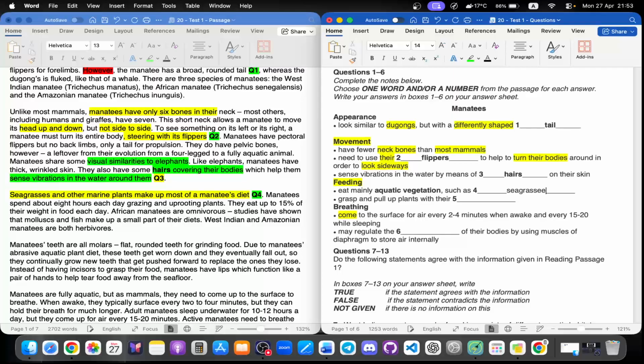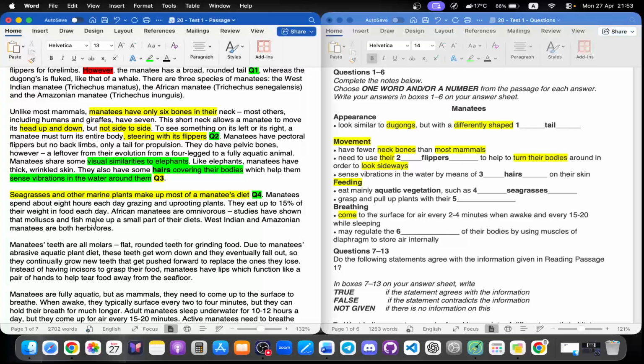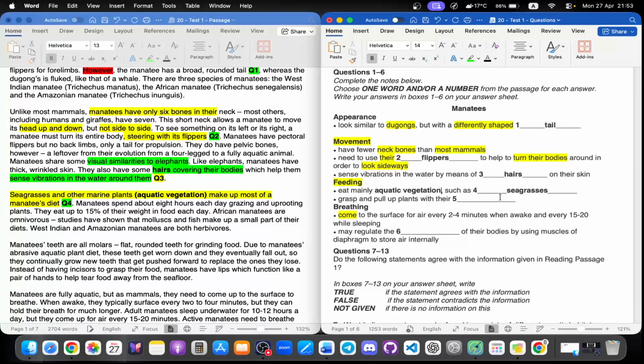We're not spending a lot of time. Next: grasp and pull up plants with their something. Aquatic vegetation is very necessary to know, as are other marine plants. You need to know the synonyms. Reading is all about vocabulary. Whenever you learn the vocabulary, you completely experience the game changer.